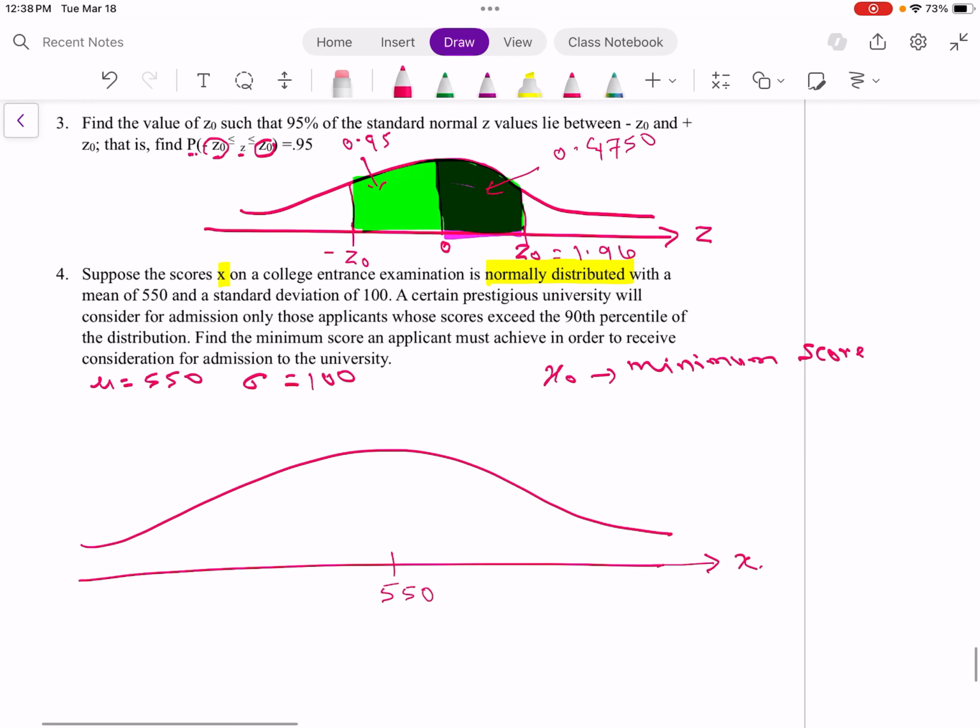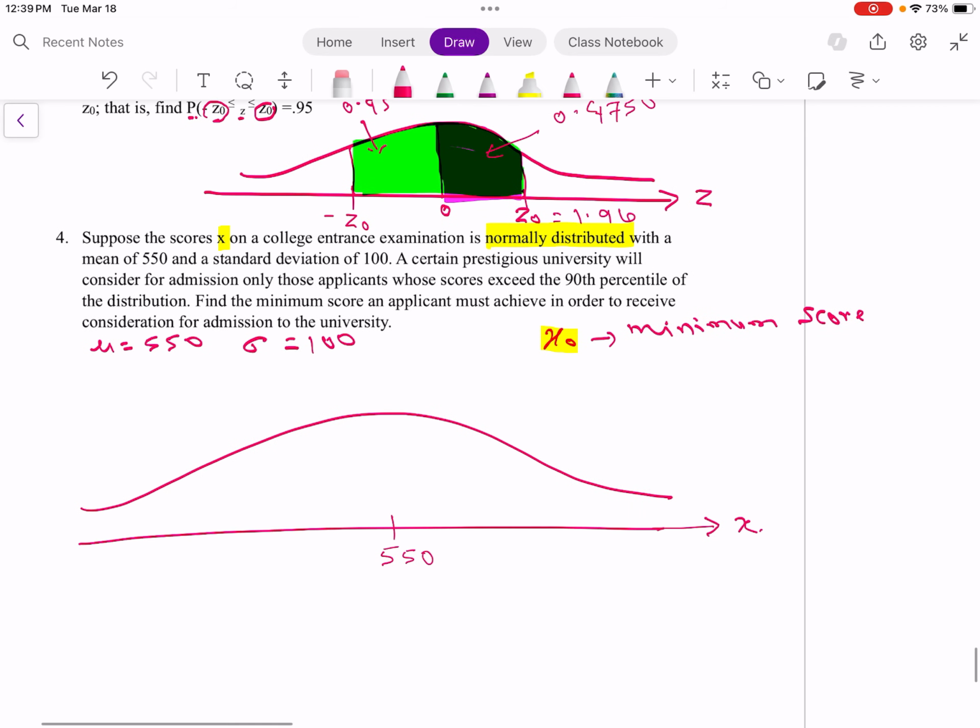Our minimum score has to be at the 90th percentile. What does that mean? If X naught is at the 90th percentile, does it mean 90% of the scores are below X naught or above X naught? It means 90% of the scores are below X naught.